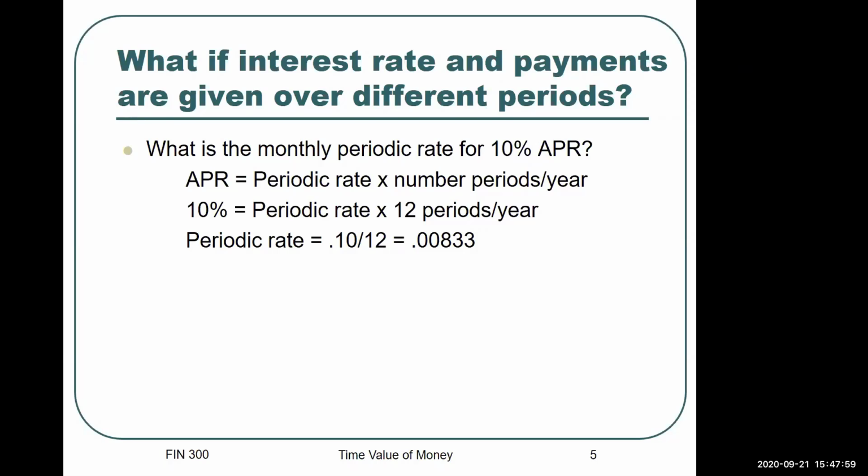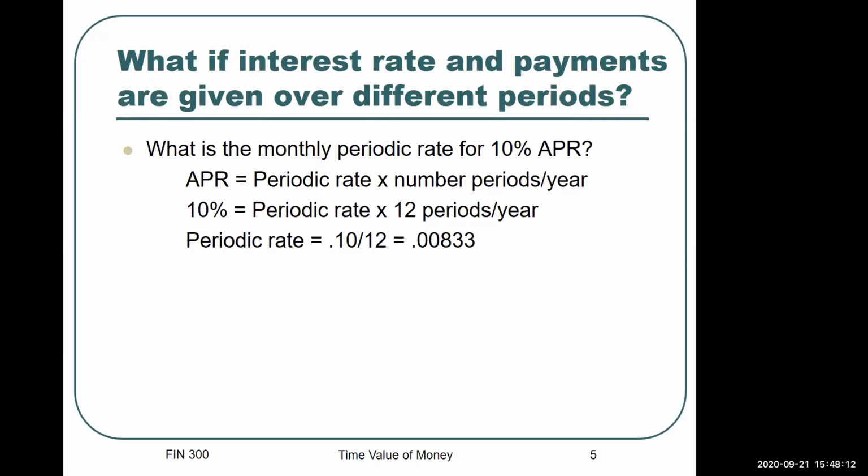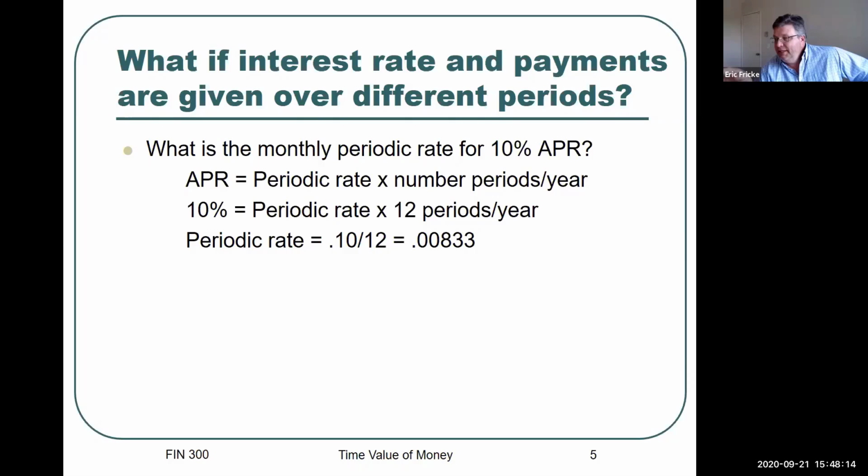Oh, okay. Right, and if you look at what I'm sharing with you right now, that's the process we went through to get that 0.00833. We use that APR equation that we studied last week. Oh, okay. And then you just plug in the APR, you plug in the number of periods per year, and then you have to solve for the periodic rate.